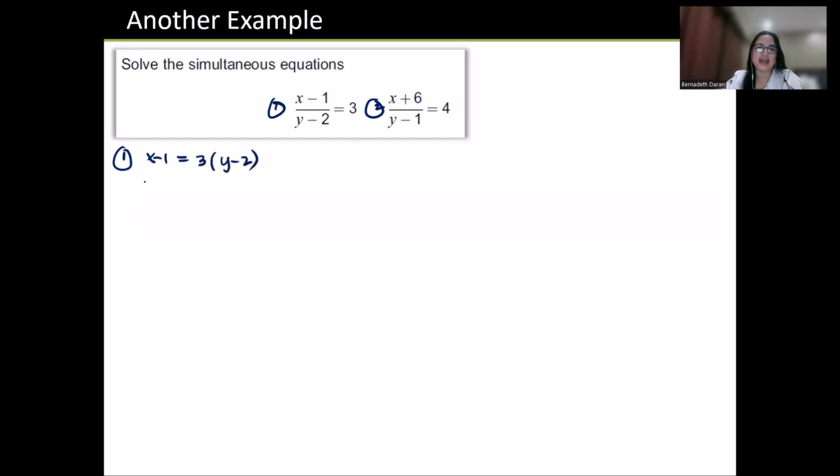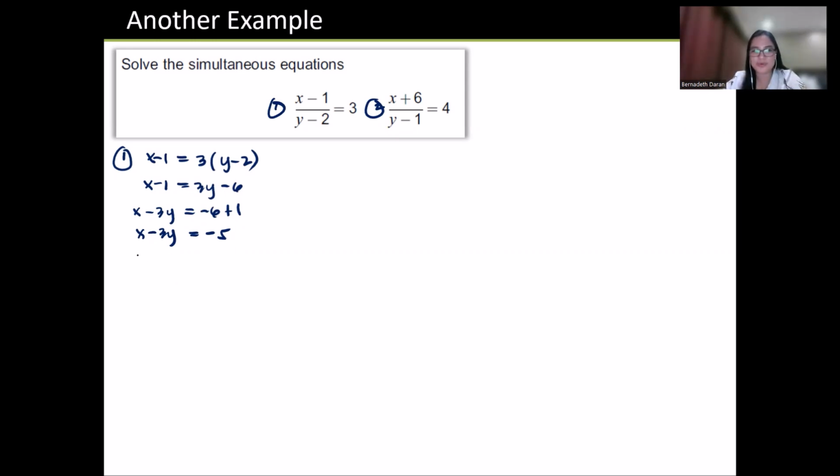Okay, so we have x minus 1 is equal to 3y minus 6, or that would be x minus 3y is equal to negative 6 plus 1, or that is x minus 3y is equal to negative 5. Okay, so we just transform equation 1 into a simpler algebraic equation.